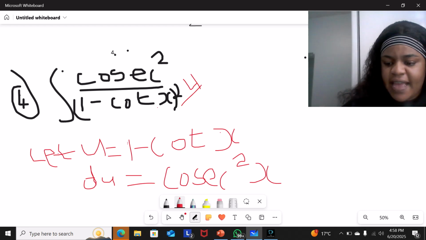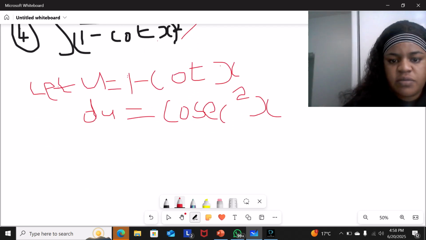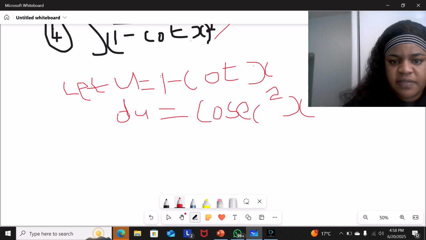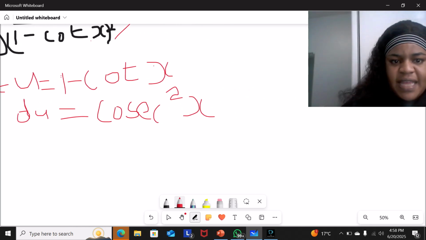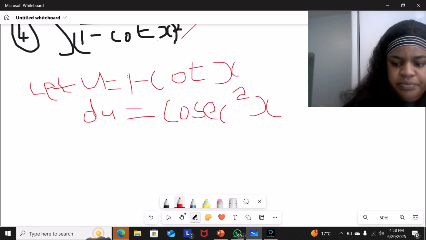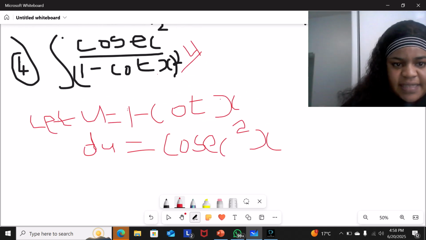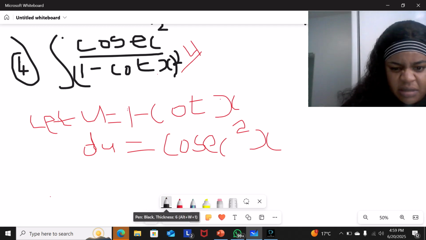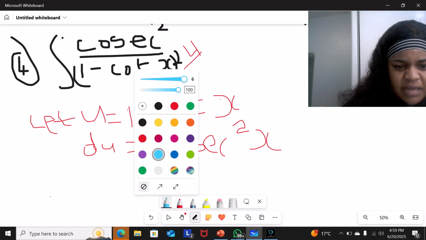Okay, and then my dx is going to be this one. Let me shift this side. My dx is this one, cosec squared. Let me change color.